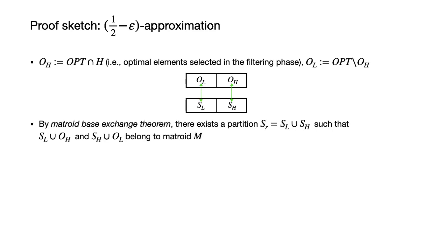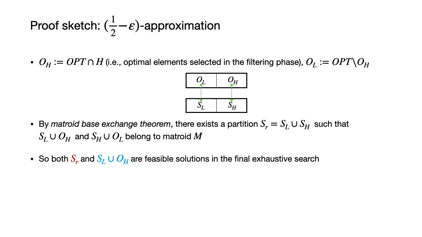Then, by matroid-based exchange theory, we can partition the solution set SR constructed in the first phase into two subsets SL and SH, such that if we exchange SL with OL, or if we exchange SH with OH, the resulting set still belongs to the matroid.